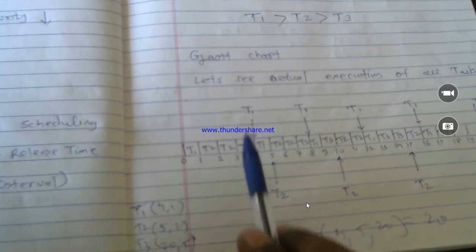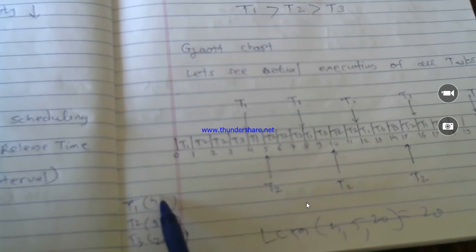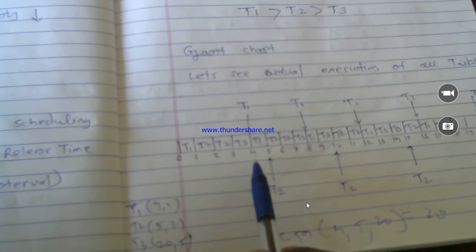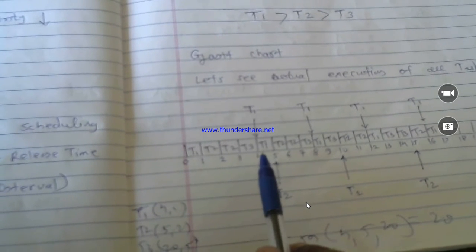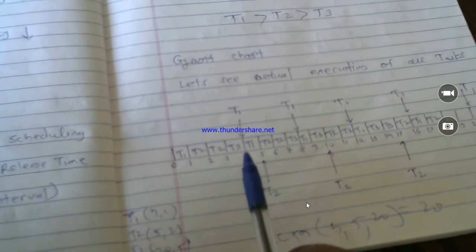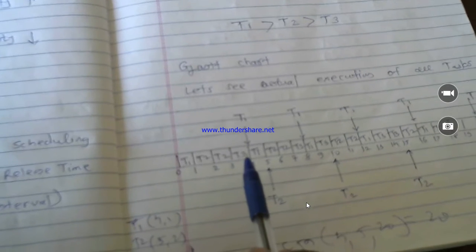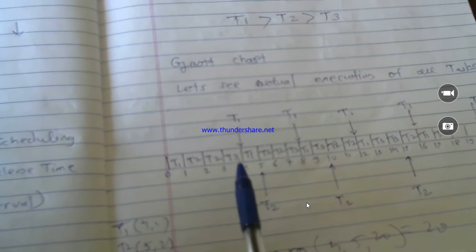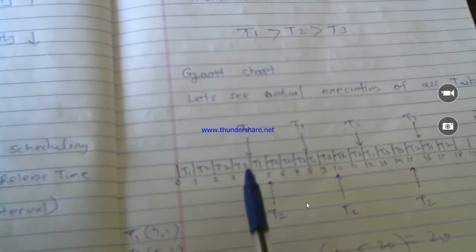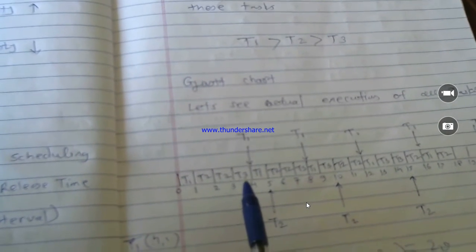Then next, as we know that the total period of T1 is 4, and here we reach 4 seconds. So as soon as we reach 4, the system will allocate the resources by preempting the current execution of the task. And which task is going on?